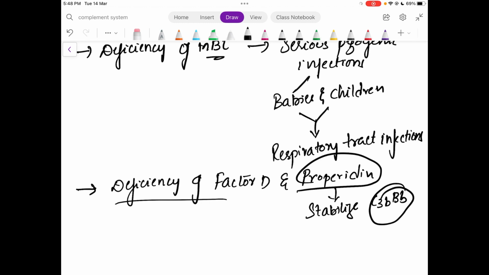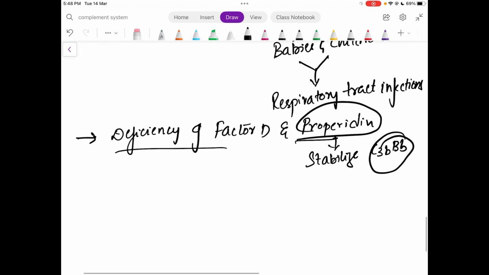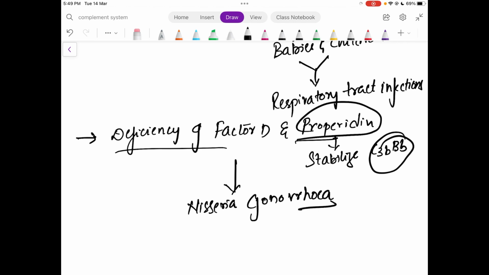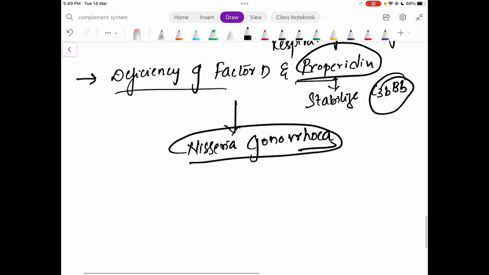Whenever there is a deficiency of factor D and properidin, they are affected by Neisseria gonorrhea infections. Okay, whenever there is a deficiency of factor D and properidin, they will have Neisseria gonorrhea infections.